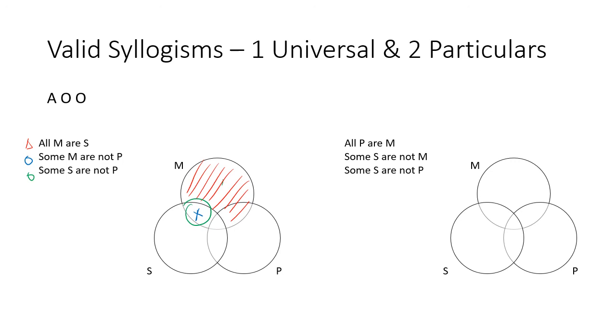All right, so the other form, this AOO form, is all PRM. So that's the universal affirmative here. So all PRM looks like this, pushing all the P's into the M circle. And then if we do that, we go on to the particular negative, some S are not M. So now we're putting it down here in the bottom left, but part of it has been shaded in, so the only place left for it to go is down here.